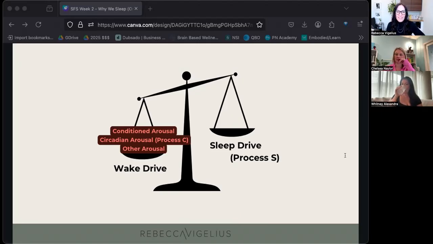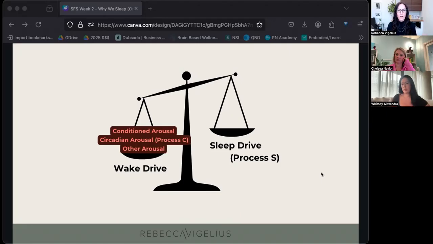But it's all thanks to an overabundance of these types of arousal that you experience those things that we all talk about and why we're here. That mind racing at bedtime, that feeling of having a restless sleep even when you do sleep, that feeling of being wide awake and exhausted at the same time, right? And it's what keeps you tossing and turning after you wake up at 3 a.m. and you can't get back to sleep.